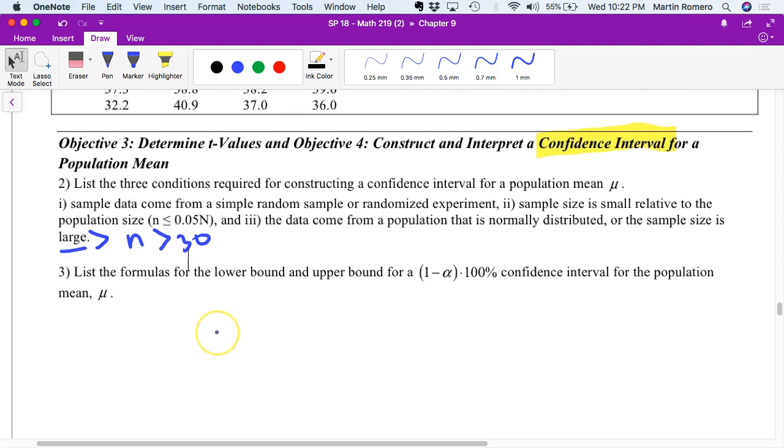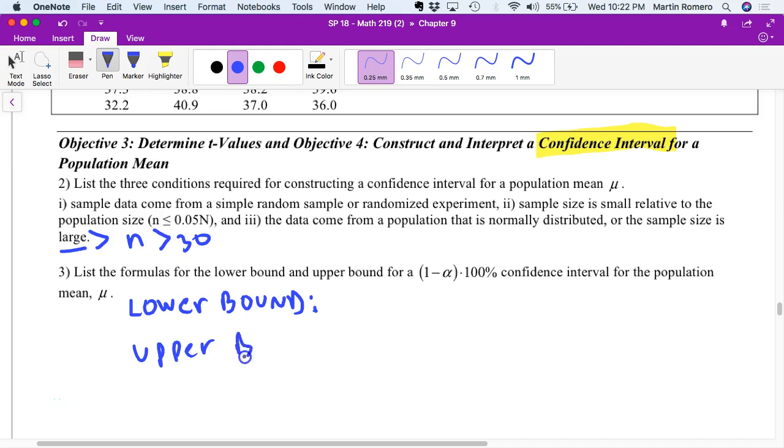And so to construct a confidence interval, we need formulas. When you're asked to construct a confidence interval, there are two values that you need. You need to calculate the lower bound, and then you need to calculate the upper bound. Confidence intervals, remember, are two values.